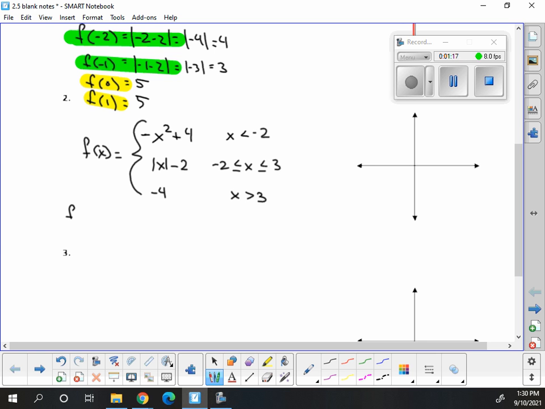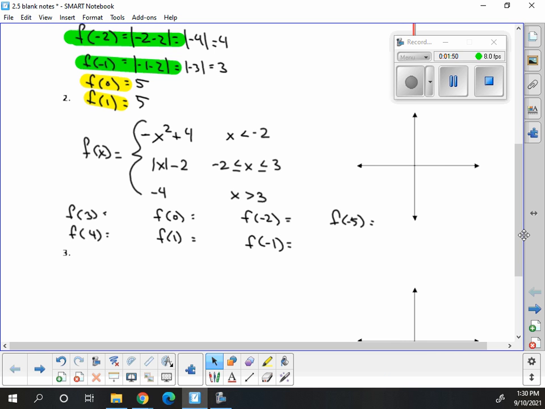Let's find f of 3, f of 4, f of 0, f of 1, f of -2, f of -1, and f of -5. Okay, so we're going to pause right here and try and work this out.